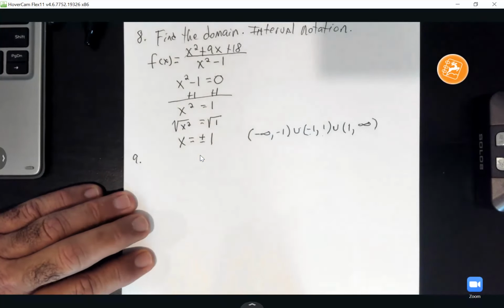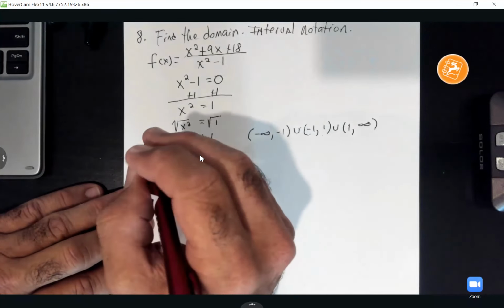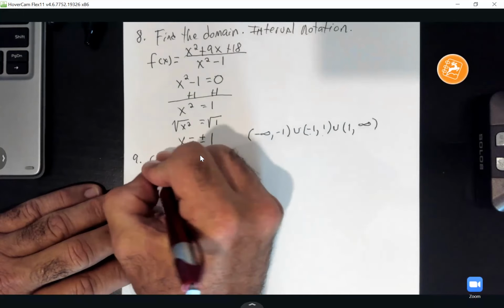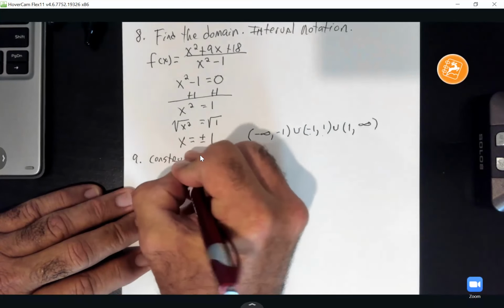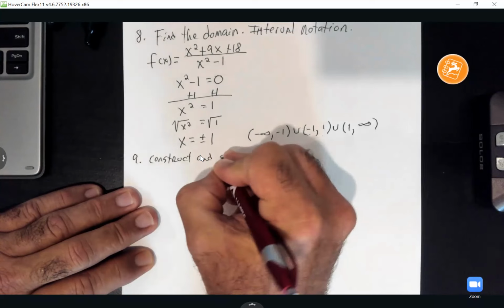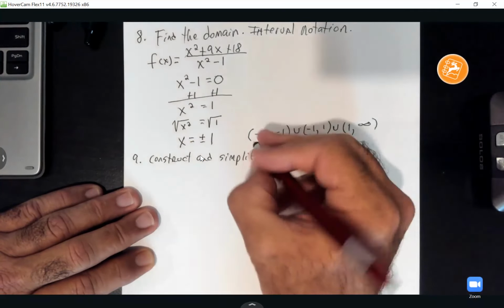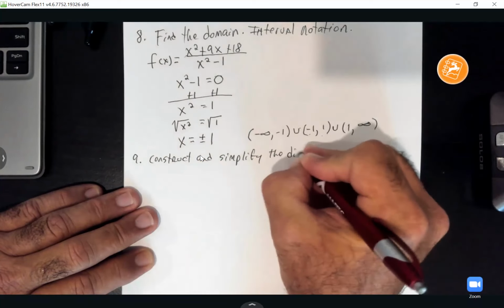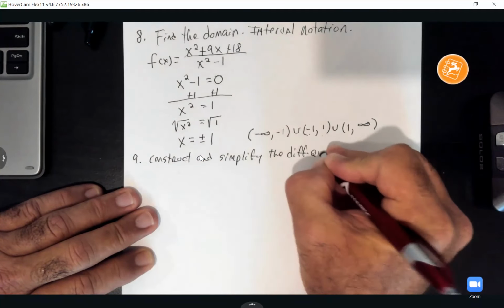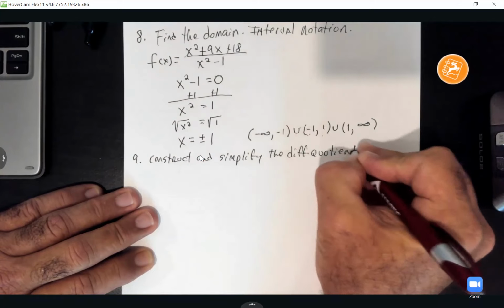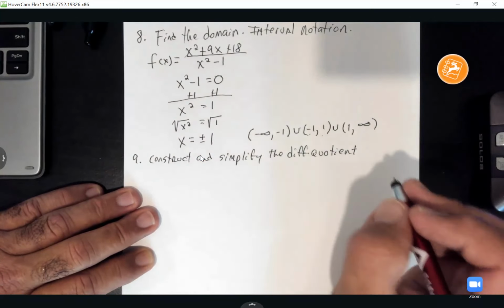Oh, y'all look at this. For the function f, construct and simplify the difference quotient. Now, they'll give you the formula.